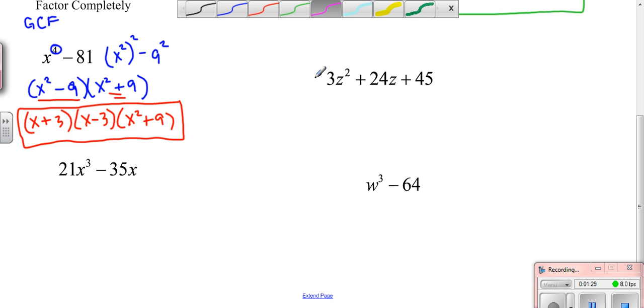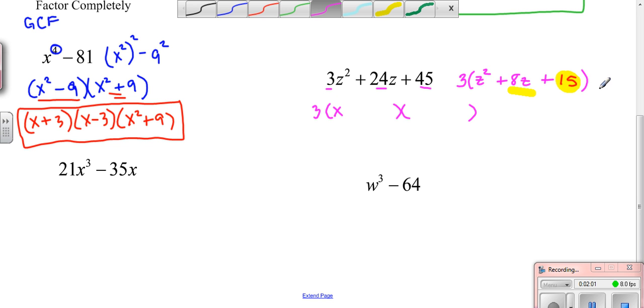Now in this next example, greatest common factor first, I see a 3 as a factor for each one of these. So I'm going to take that 3 out, and when I take it out, it's division. And so I end up with something like this. So then I can very easily, my 3 is going to stay out front, I have plus plus, and I can think about what factors of 15 will combine under addition to make 8.